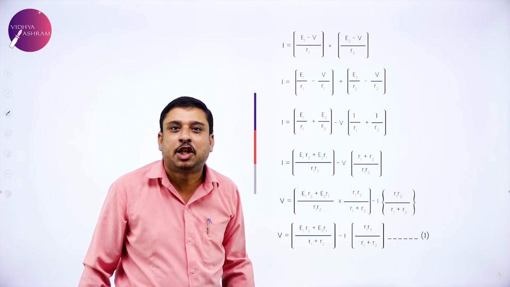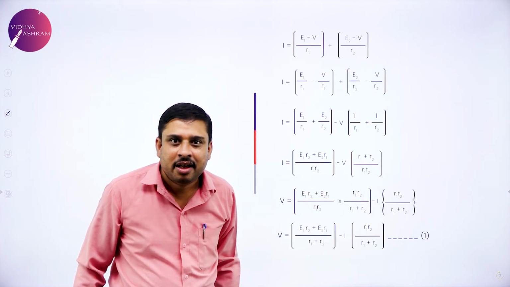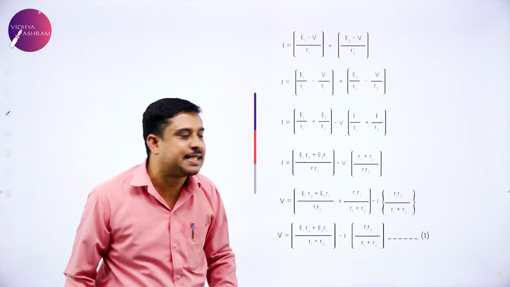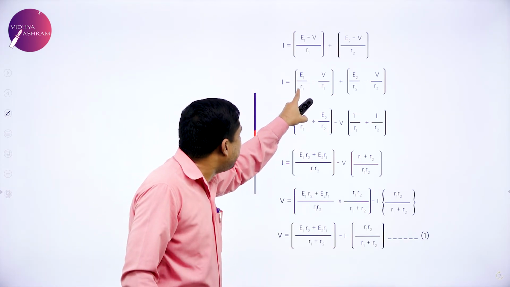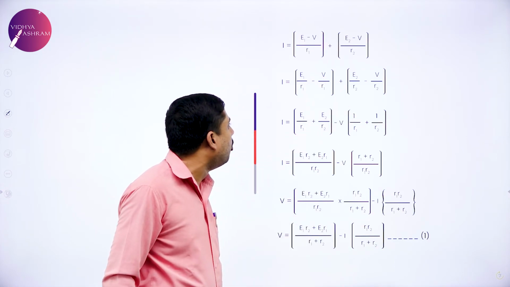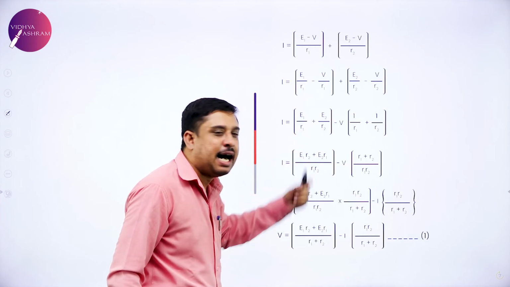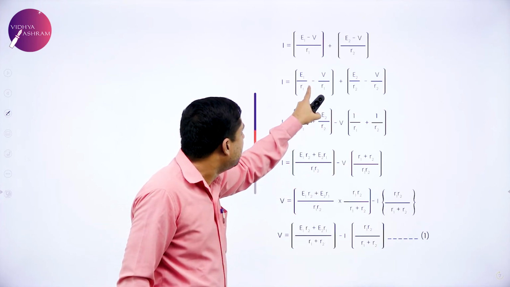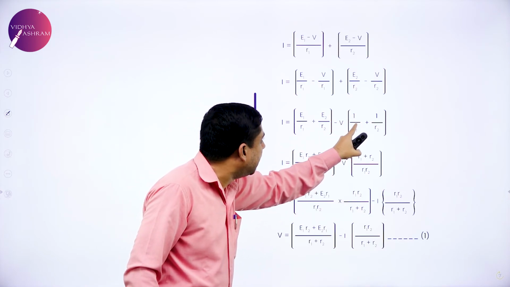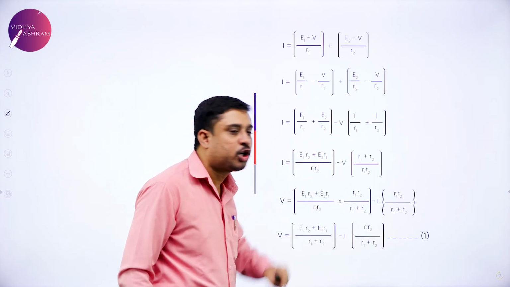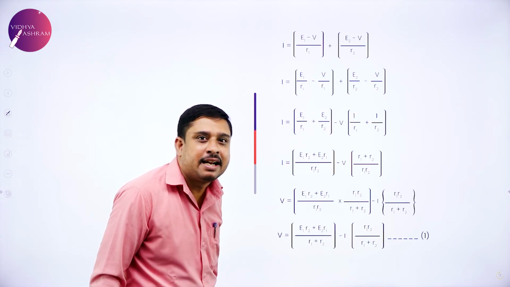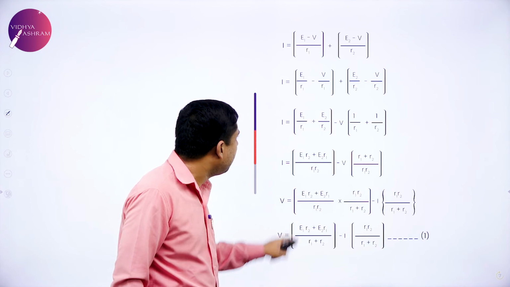Now I put all EMFs together and internal resistances together. So E1 by R1 plus E2 by R2 form a single term, minus V times (1 by R1 plus 1 by R2).